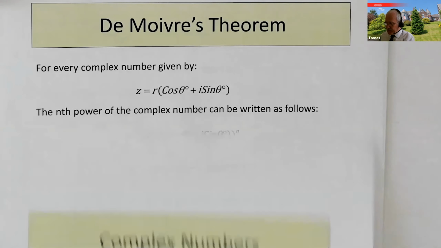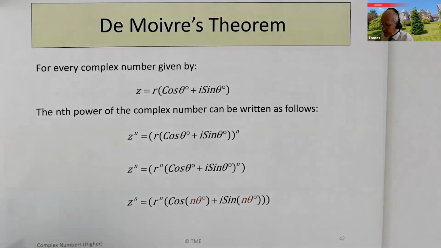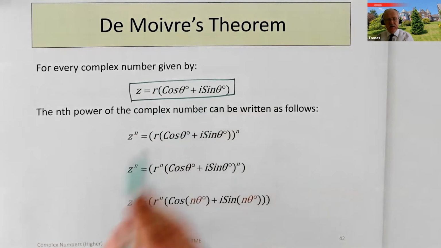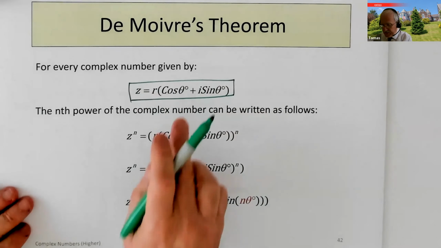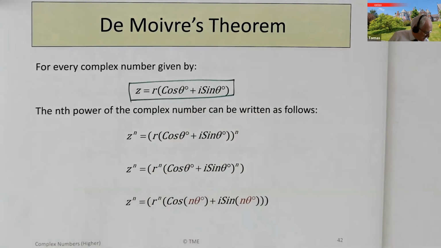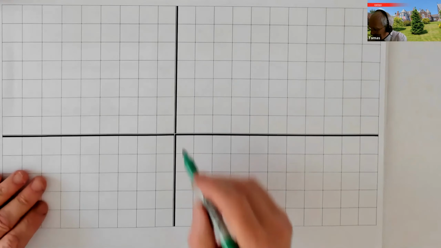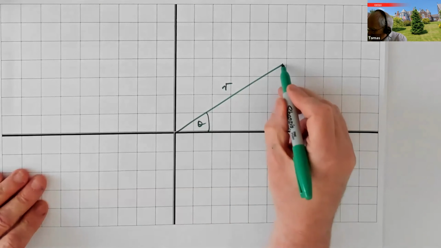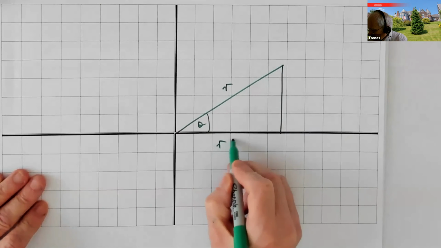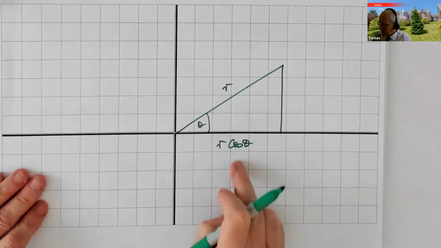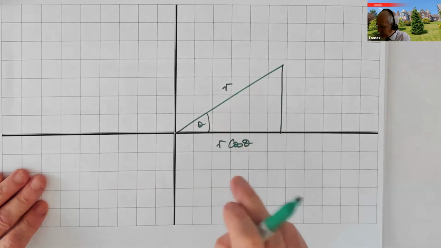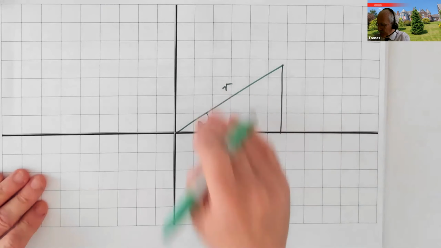De Moivre's theorem says that every complex number can be written as r cos theta plus i sine theta. We did that earlier in the definition of a complex number. We said that this number here, or that being theta, this must be r cos theta, because r cos theta over r is just cos theta, and cos theta is the adjacent over the hypotenuse.